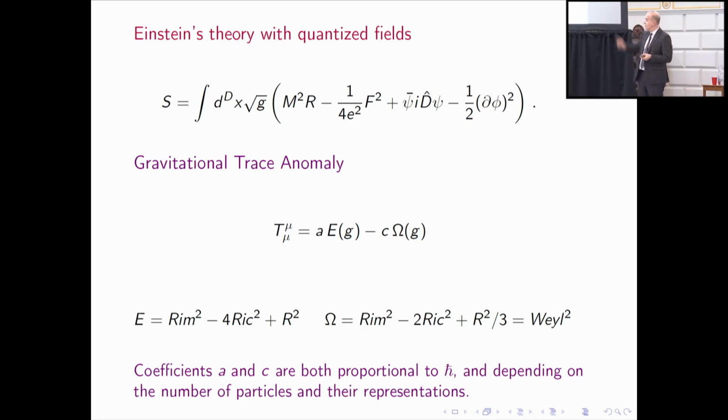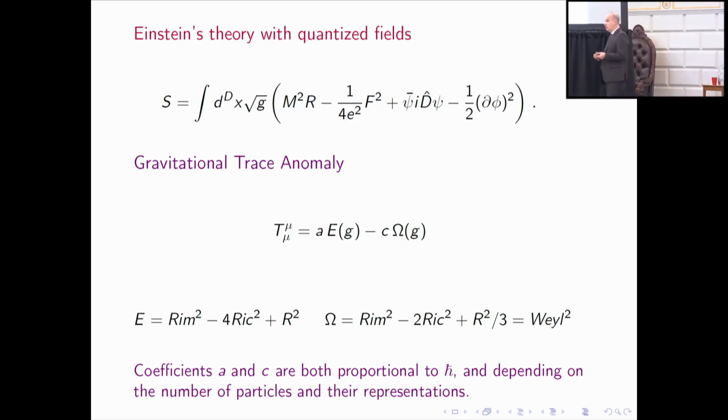That's the Euler density. First one is a combination of Riemann tensor, Ricci scalar. And the second one is, I call here omega. In 4 dimensions, it's equivalent to the Weyl tensor squared. But in general, actually, it's that combination: Riemann squared minus twice Ricci tensor squared plus 1/3 of Ricci scalar squared. And that's what you get through calculations.